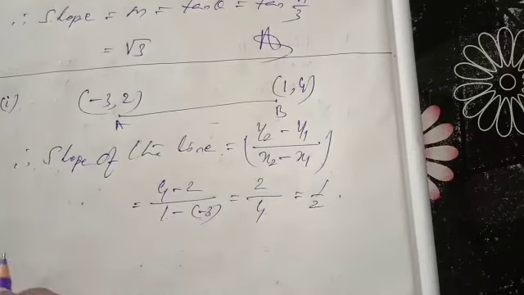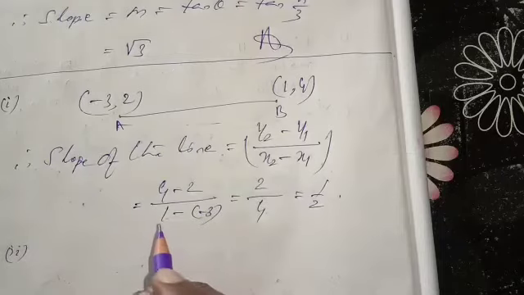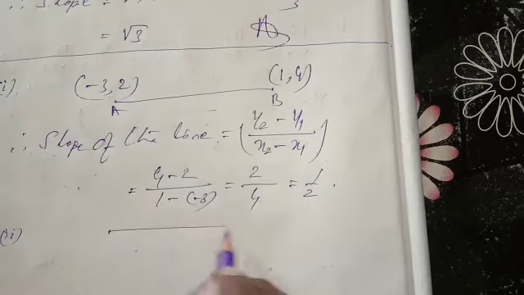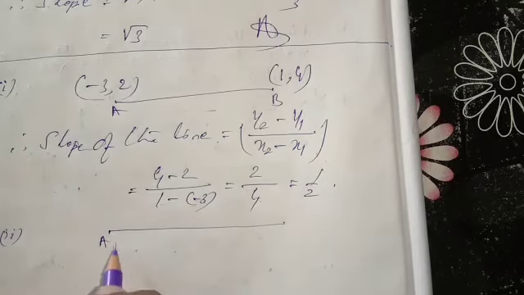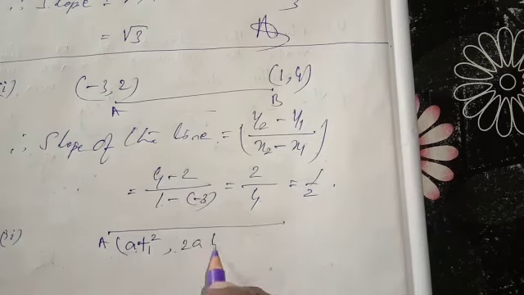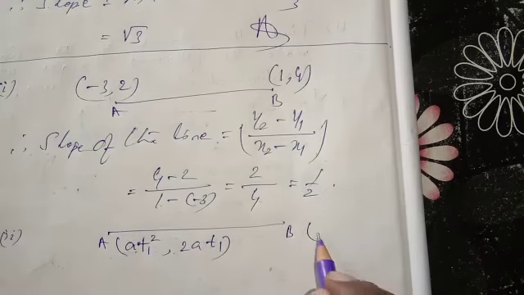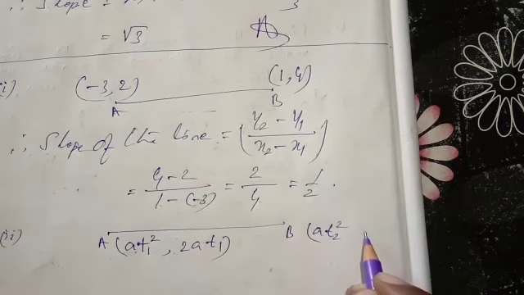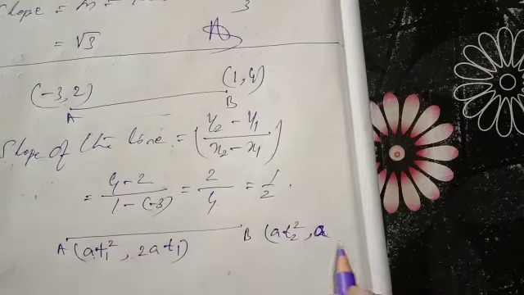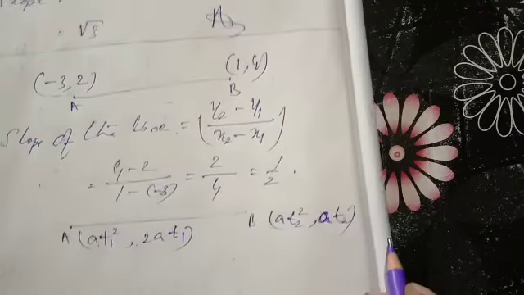The second part of number 2: two points are given like this. Let the first point be A, with coordinates a t1 square and 2a t1. The second point has coordinates a t2 square and y coordinate 2a t2. Like this it is given.